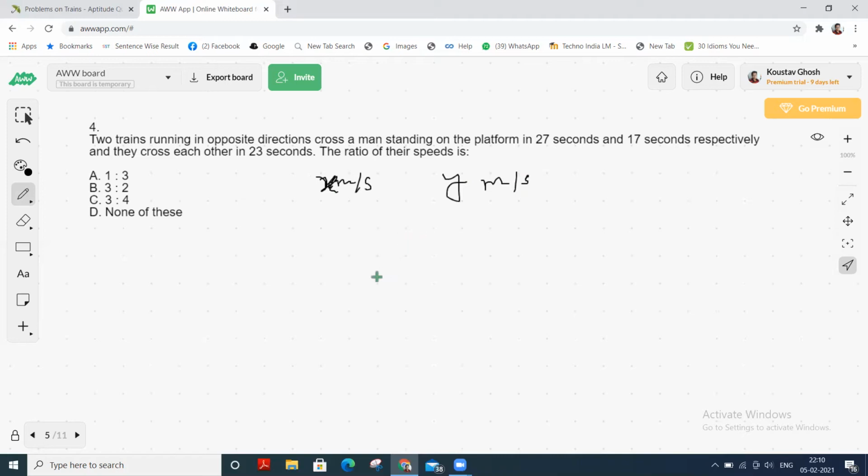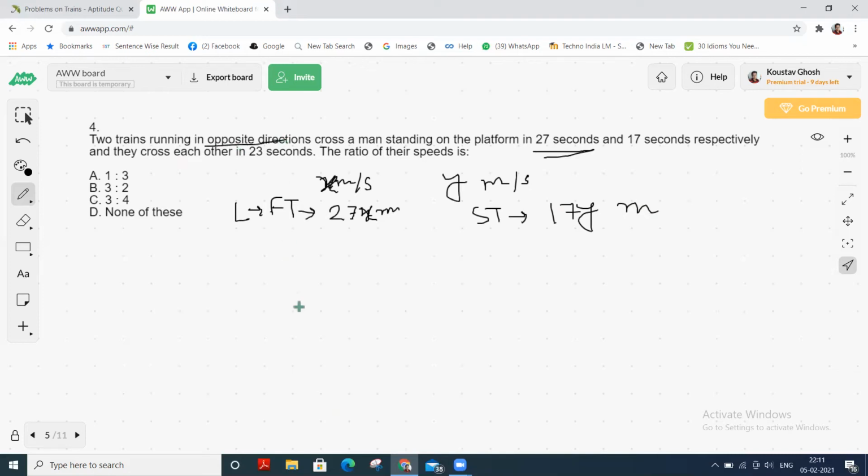Then the length of the first train, it crosses in 27 seconds, so 27x meters, and the second train length is 17y meters.